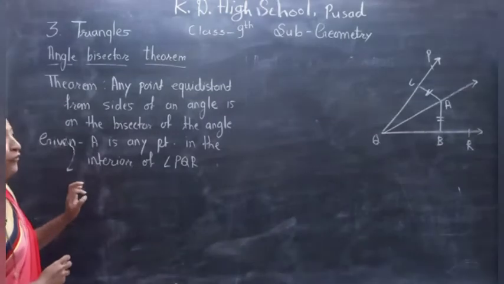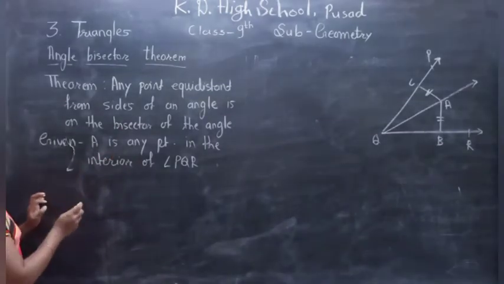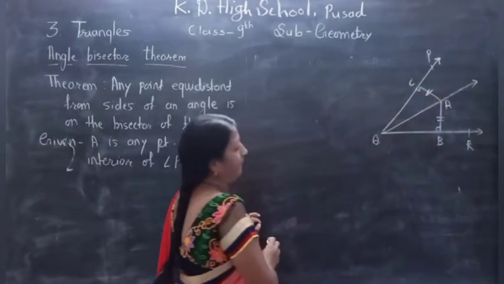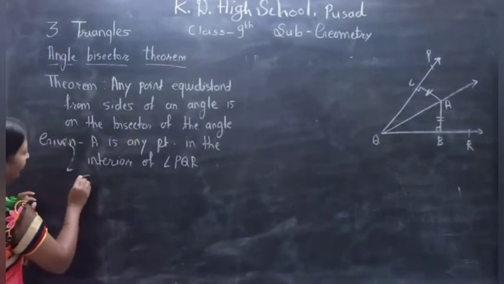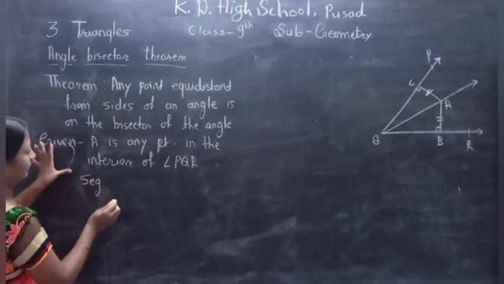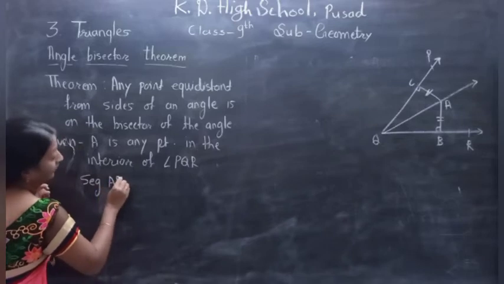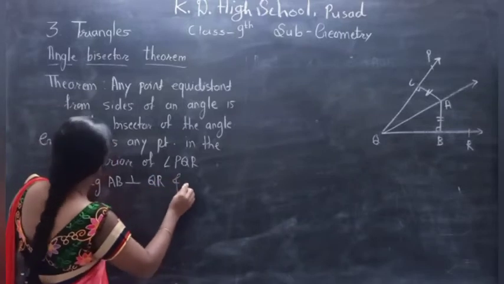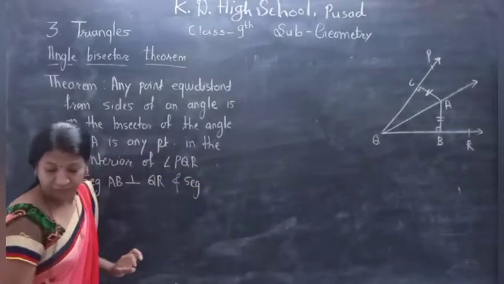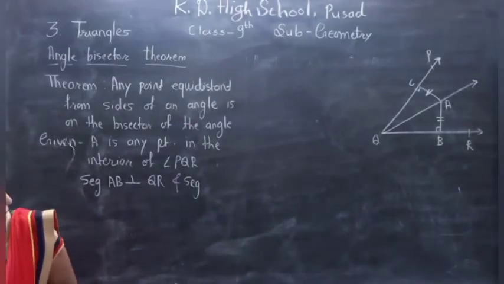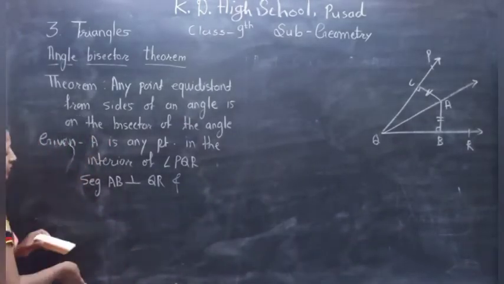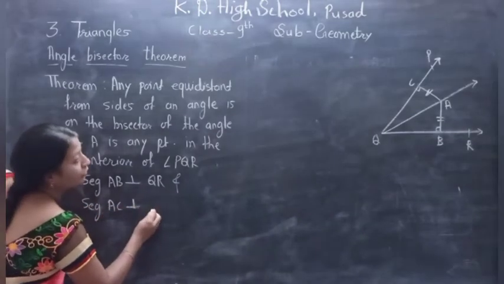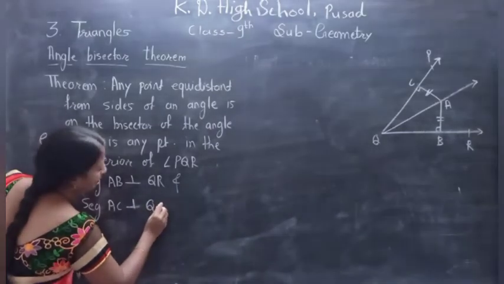Point A is in the interior of angle PQR and AB perpendicular to QR, segment AB perpendicular to segment QR, and segment AC perpendicular to PQ, or rather QP.